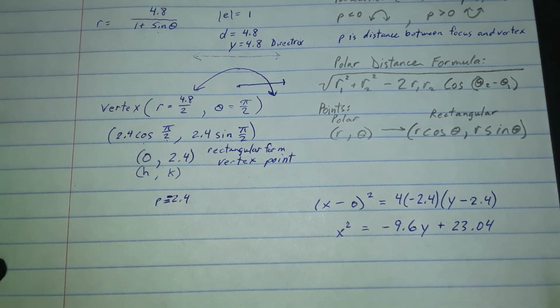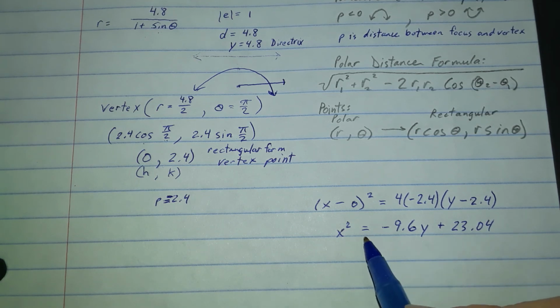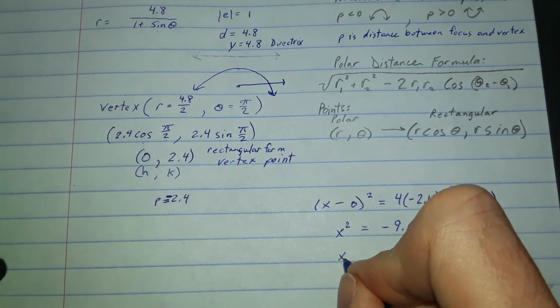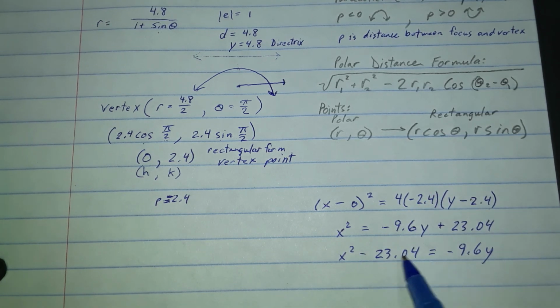We have it y equals something. That's the explicit form. So we want to move from the implicit equation here to the explicit equation. So I'm going to subtract the 23.04 from both sides, and now I'm going to divide both sides by the negative 9.6.